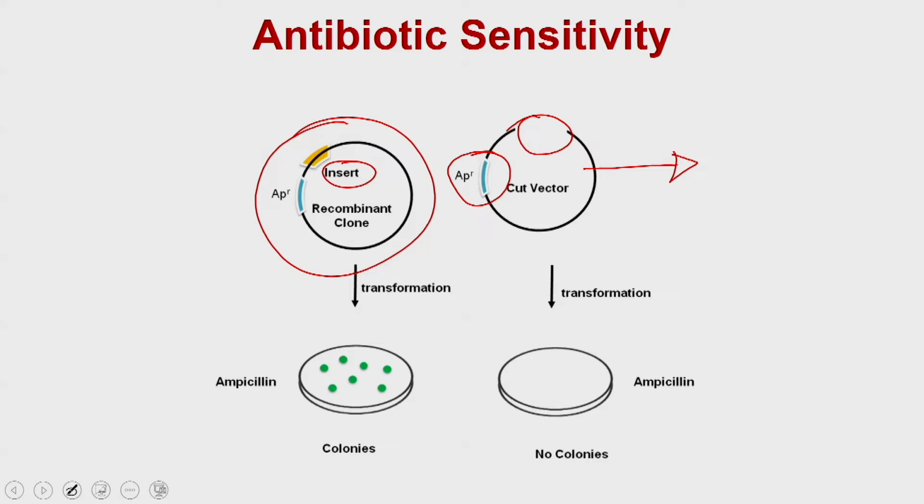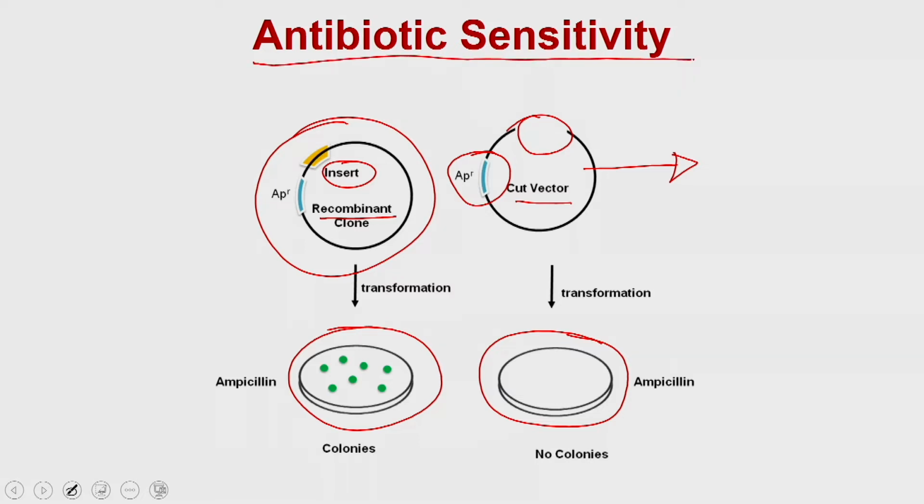So when you transform the cut vector as well as the recombinant clone, the recombinant clone will give you colonies on the ampicillin-containing media, whereas the cut vector is going to give you no colonies, and that is how you can use antibiotic sensitivity as a criterion to select the recombinant clones.